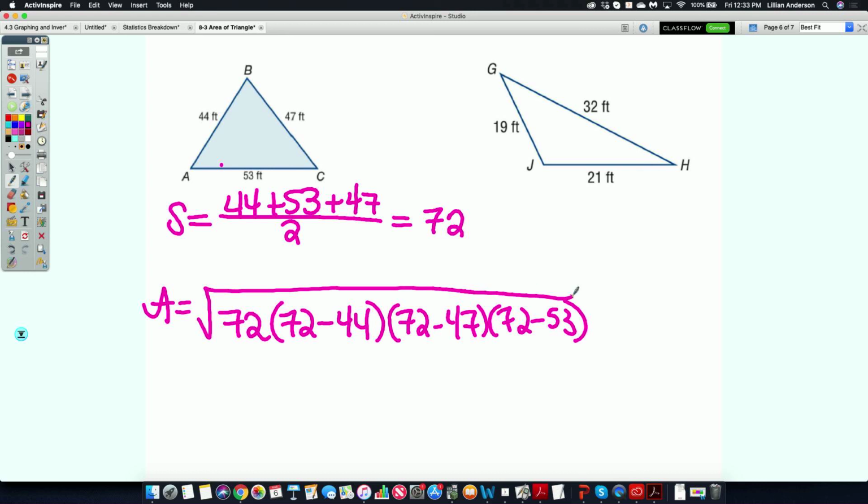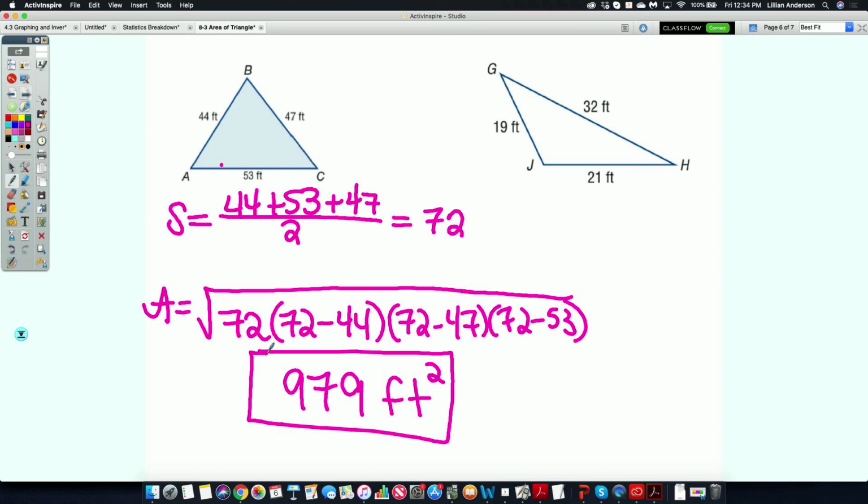Just like before, I can type this entire line in with the square root underneath to get my answer for the area of this triangle. Rounding to three significant figures, we have 979. And remember, because we're talking about area, it should include the units, so feet squared.